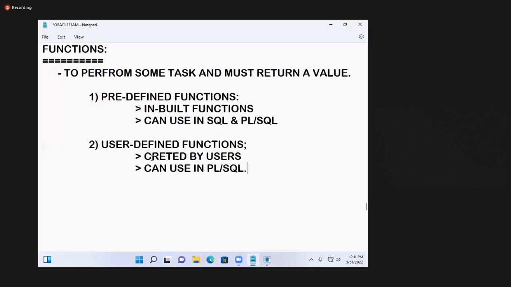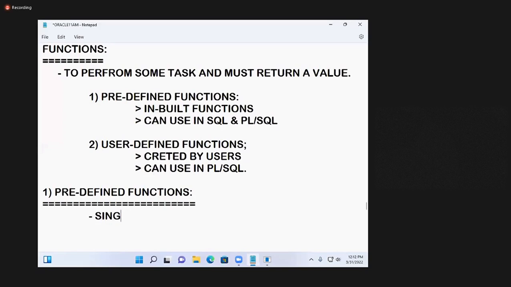Okay, let me see. We will see the first one, predefined functions. I said these are inbuilt functions also, but again, these functions are classified into some types. Those are called single row functions, which we also call scalar functions. So single row, otherwise scalar.